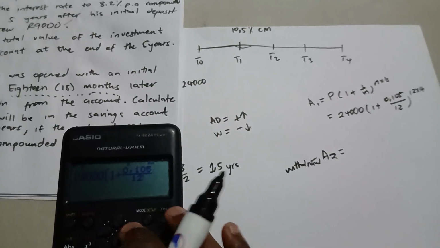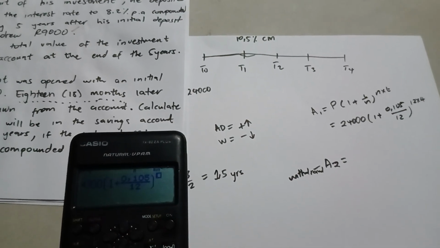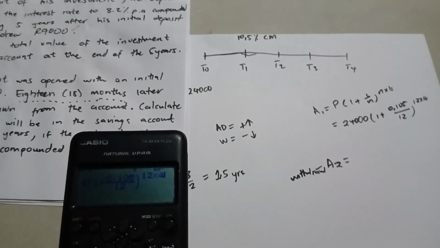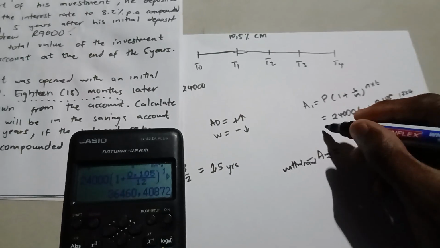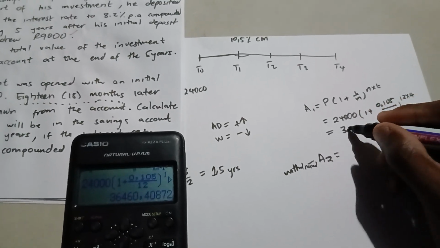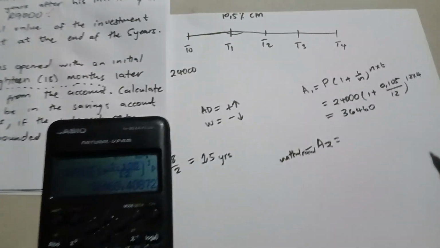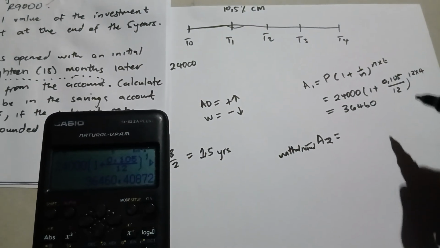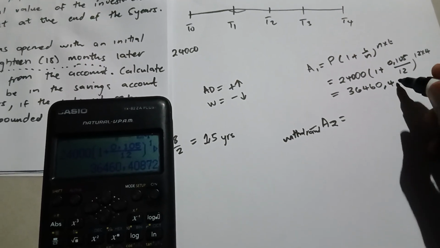So just remember, in future, if you open a savings account and then keep withdrawing the money, it's going to affect the interest that you will get. So let's continue. It's going to be 36,460.